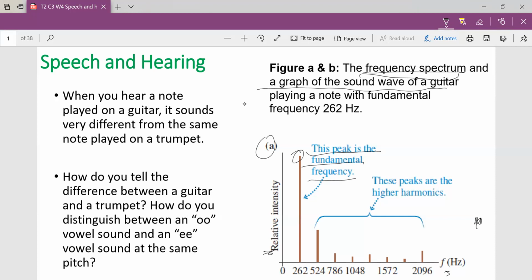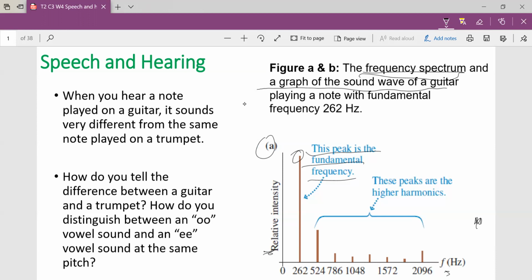Apart from the fundamental frequency, we have other frequencies, because when you make a sound, it's actually a mixture of several sounds, but it is a particular sound that distinctly comes to you, and that distinct sound that comes to your hearing is from the fundamental frequency.